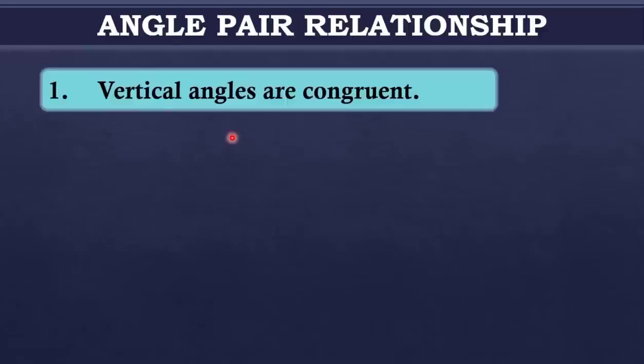Okay, so let us now state and enumerate the different angle pair relationships na in-apply natin sa pagsusolve ng mga problems kanina. So, hindi nyo namamalayan itong angle pair relationships ang mga ginamit natin sa pag-solve ng mga problems kanina simula umpisa. So, first, vertical angles are congruent.